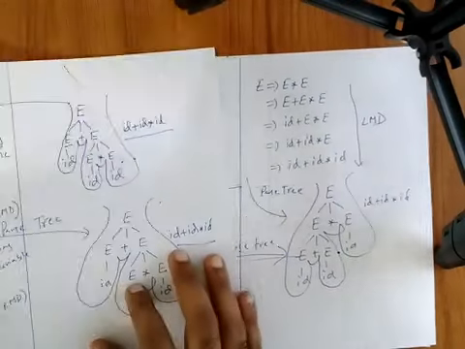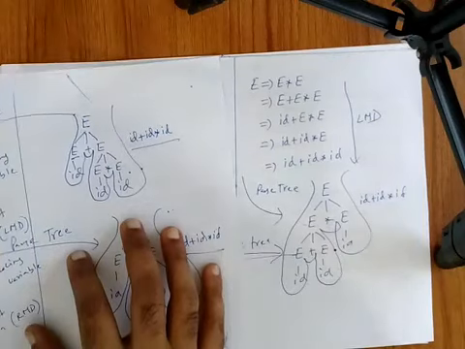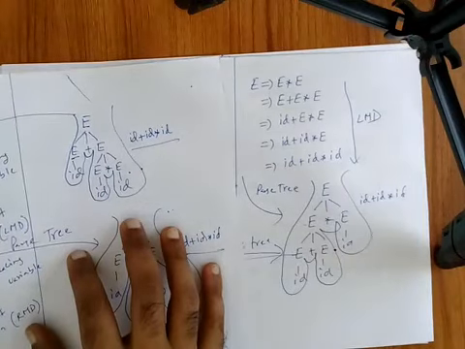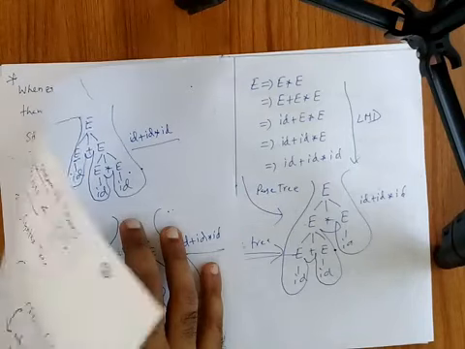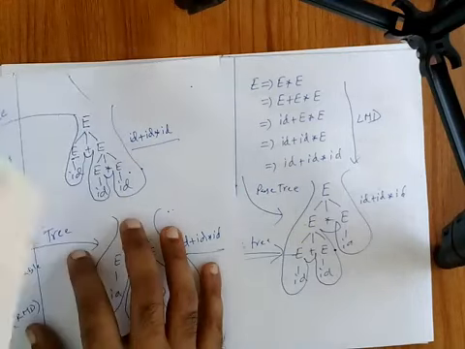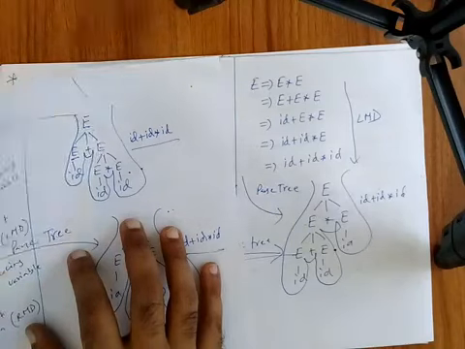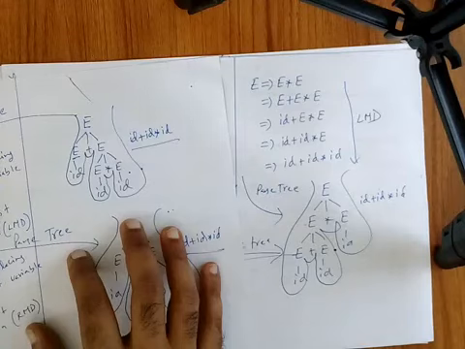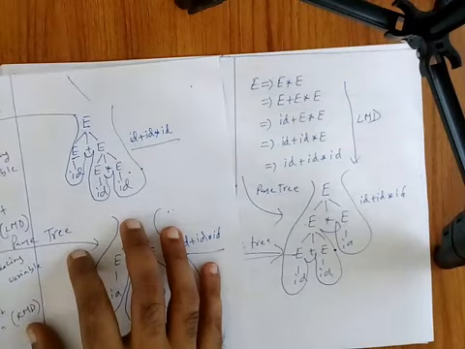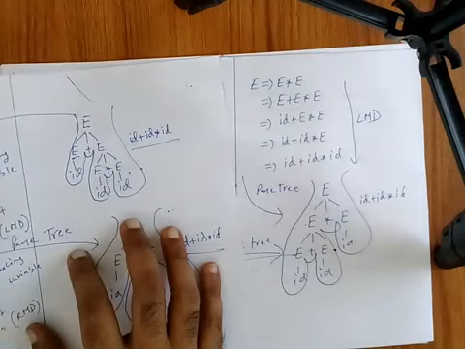How come two LMDs are always the same? How can you say that? If there is a parse tree, yes, you can create an equivalent LMD and RMD. But that does not mean all the LMDs are the same. If the grammar is ambiguous, there will be more than one LMD.